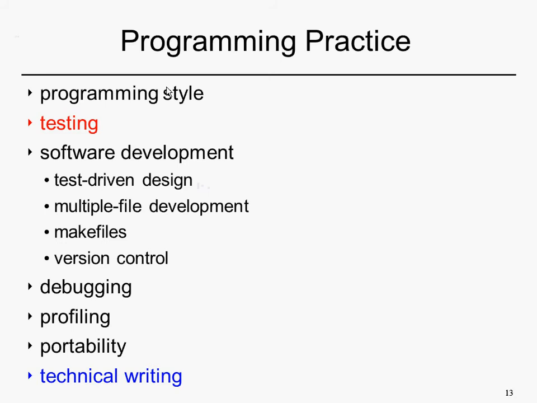We want to make sure that the program not only operates properly on proper input, but that it handles in an appropriate way, I'm using a deliberately vague term there, input that's not correct.